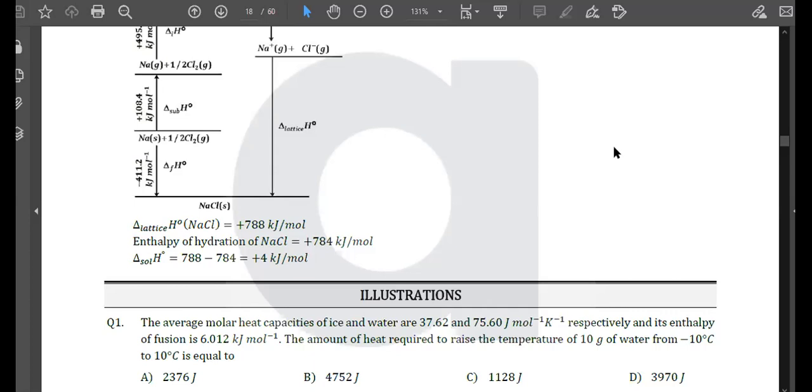And average molar heat capacity is given. So just think about this. It is very easy. Everyone, please try to solve and tell me what will be the answer.